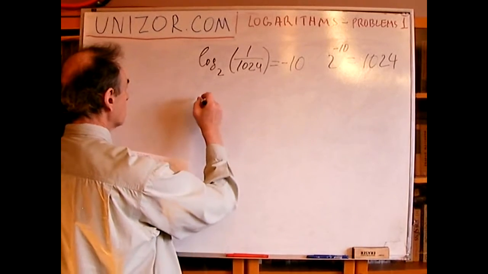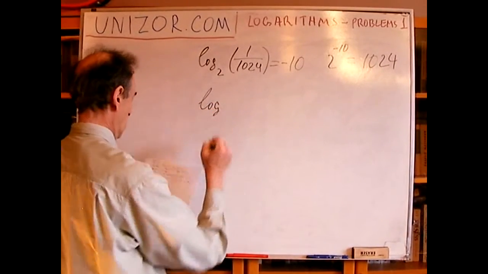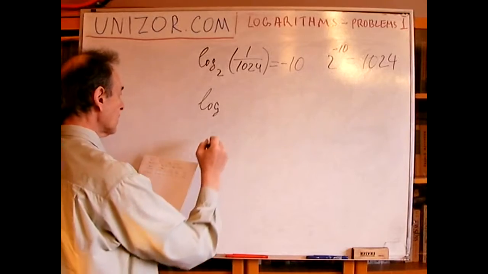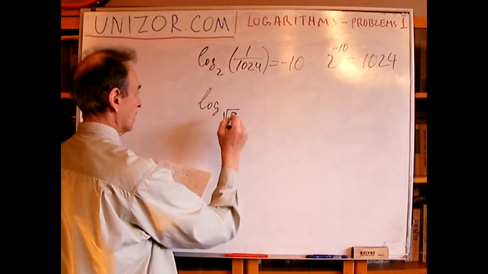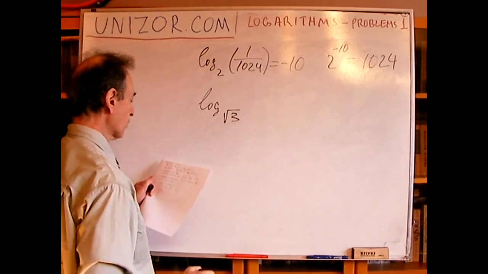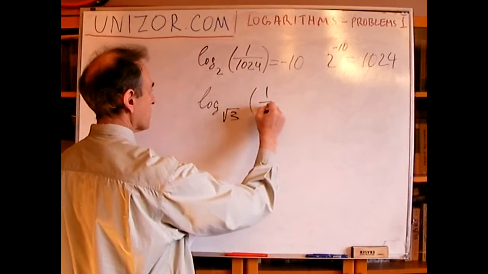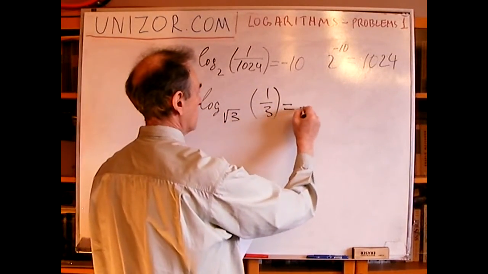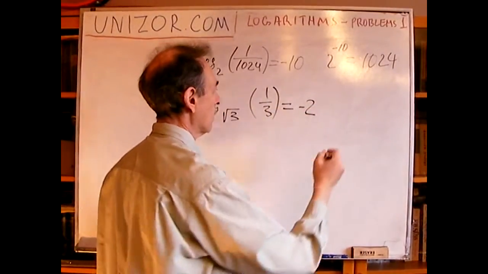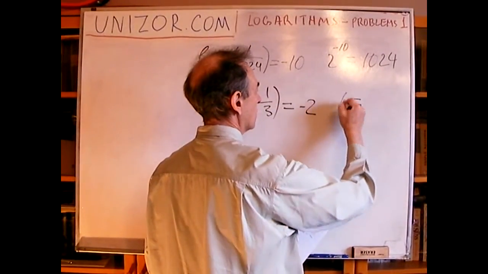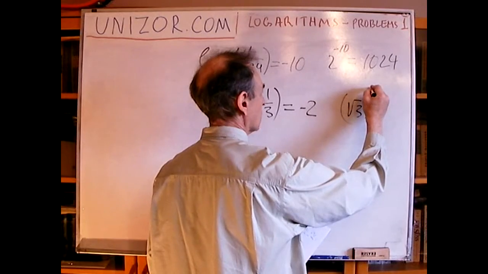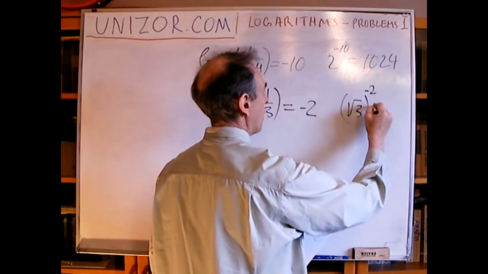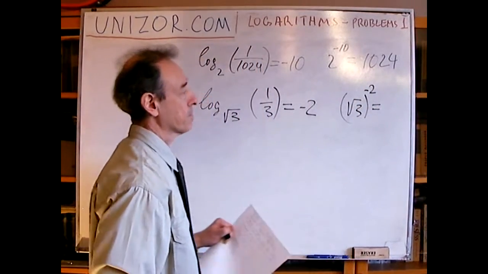A little bit more strange looking: log base square root of 3 of 1/3 is -2. Well, let's think about it. If I have square root of 3 to the power of -2, what does it mean?